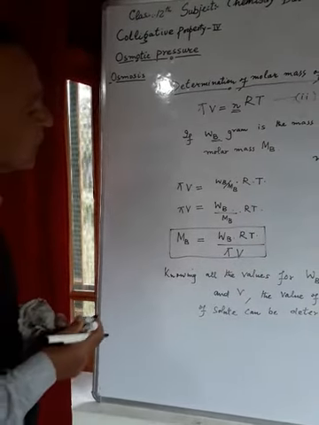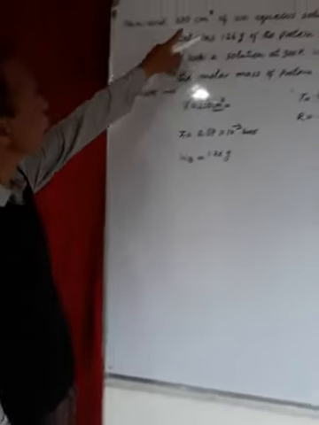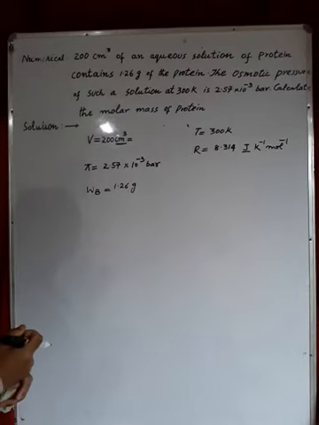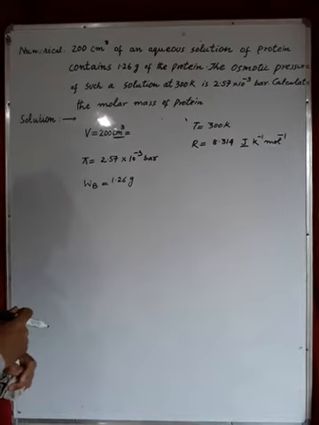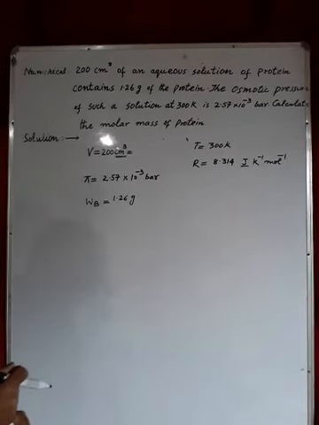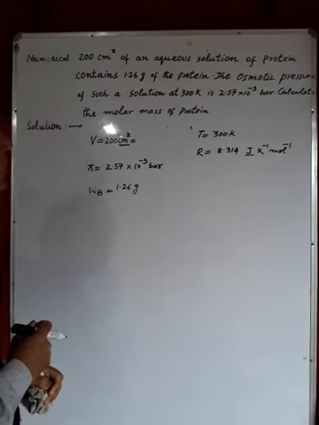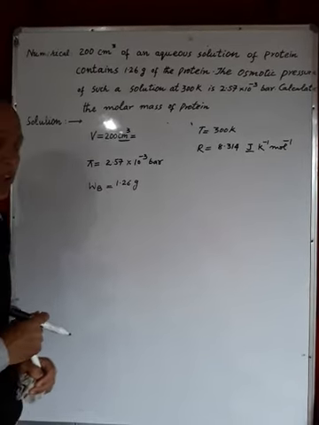Now a simple numerical. 200 centimeter cube of an aqueous solution of a protein contains 1.26 grams of the protein. The osmotic pressure of such solution at 300 Kelvin is 2.57 into 10 raised power minus 3 bar. Calculate the molar mass of the protein.